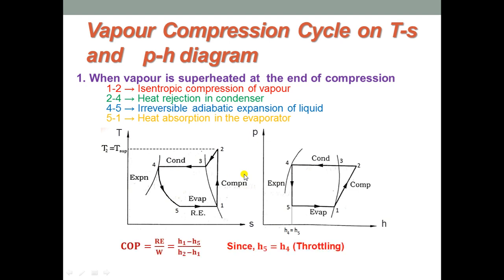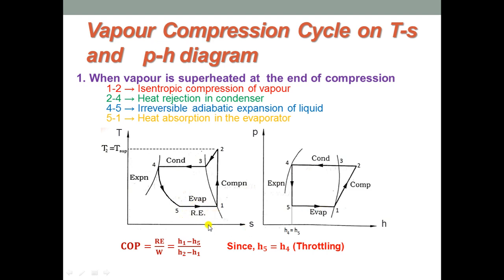Now, we can write COP as refrigerating effect over work input. The refrigerating effect takes place in the evaporating coil, that is from point 5 to point 1. You observe your TS and PH diagram.